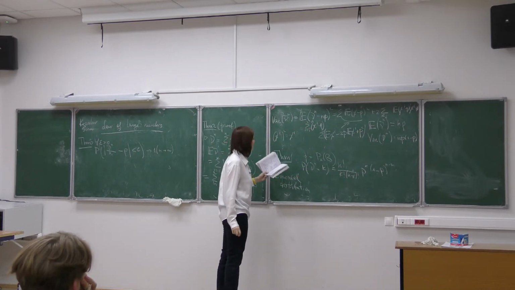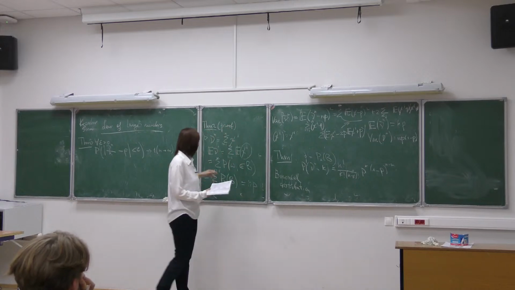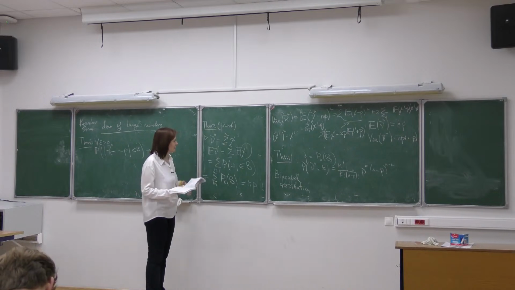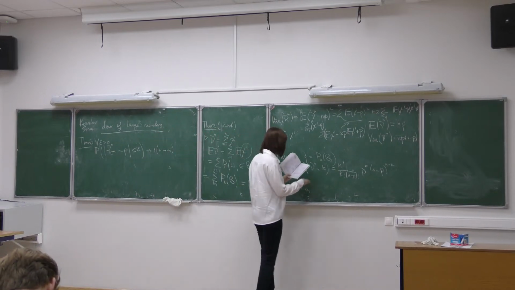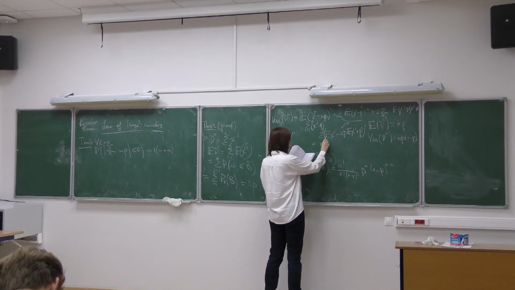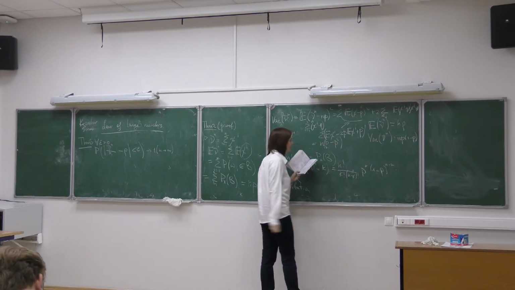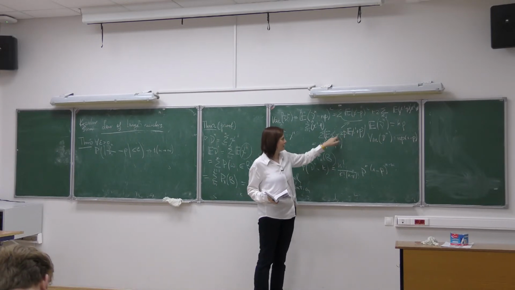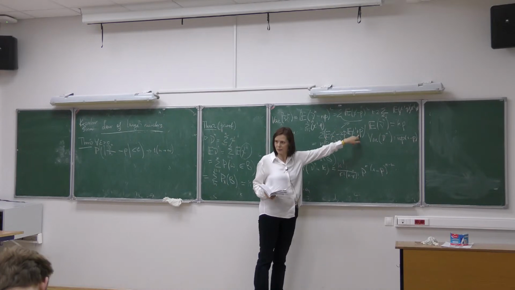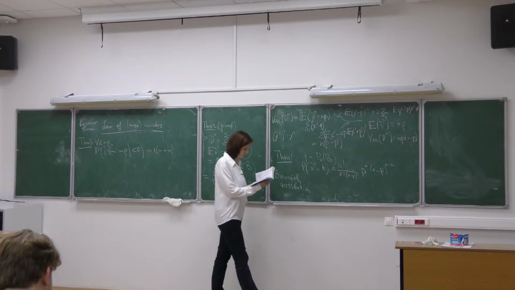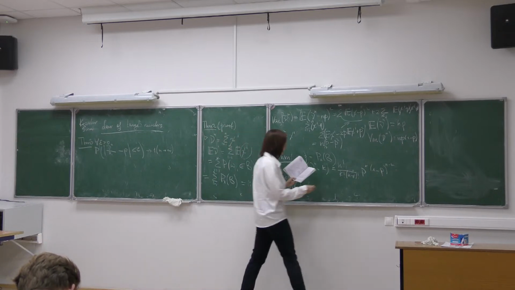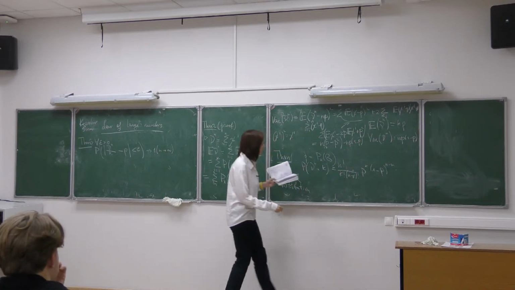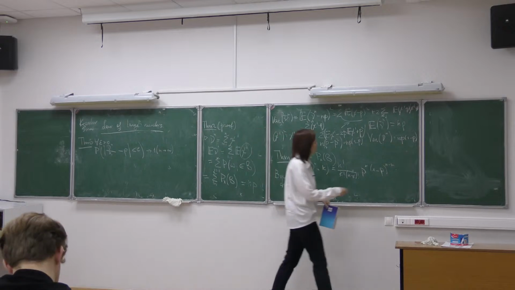But this we can compute already, because we were smart enough to do it here, so we know who they are, and thus we can say that we deal with np minus p squared. Because there is a p here, so p here, so p minus 2p squared plus p squared. This is what we have here. So this is exactly np(1 minus p). So now the goal is to investigate what happens here.